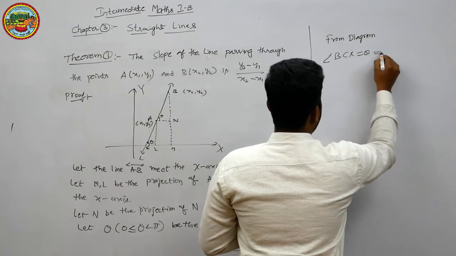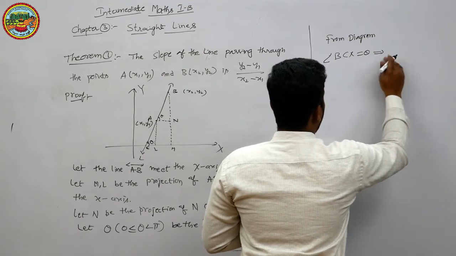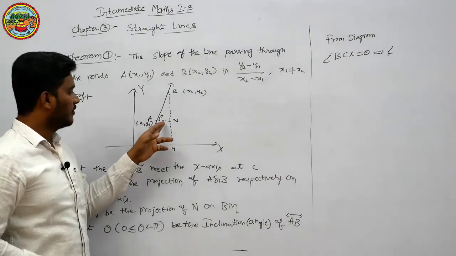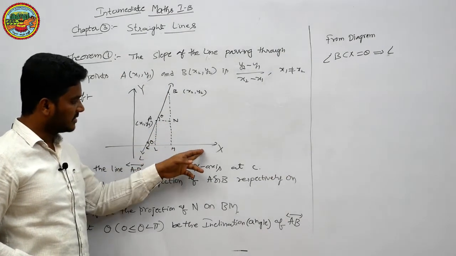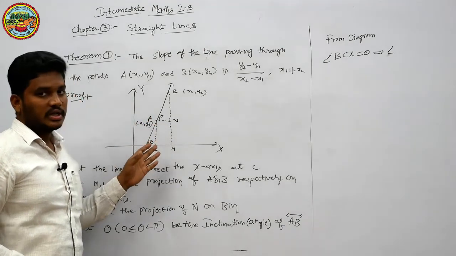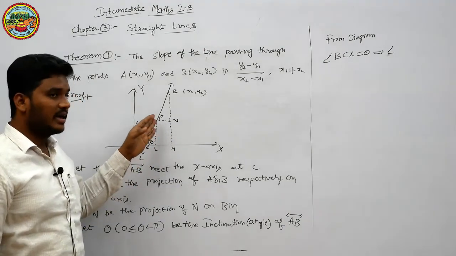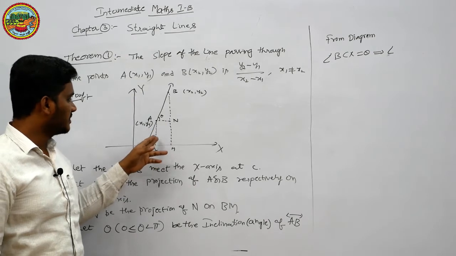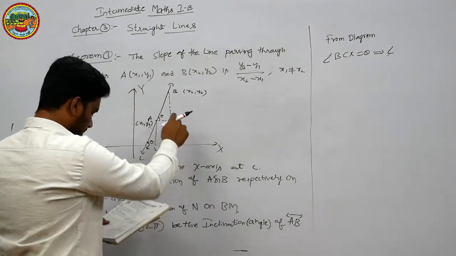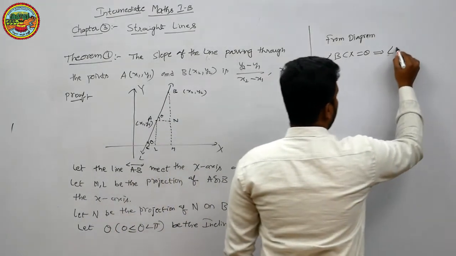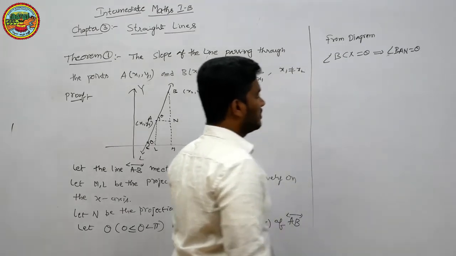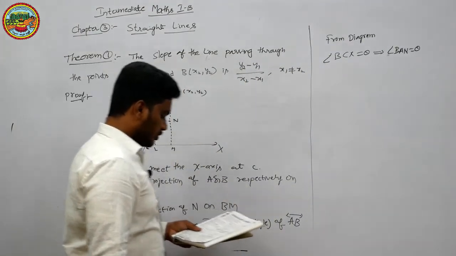Since AN is parallel to the x-axis, the corresponding angles are equal, so angle BAN is also equal to theta.